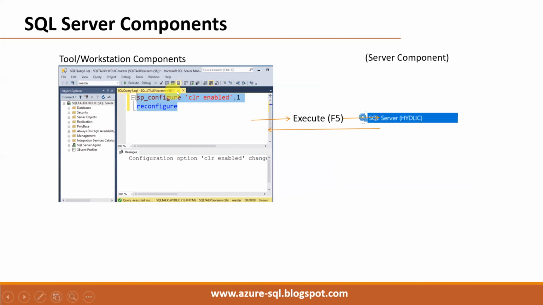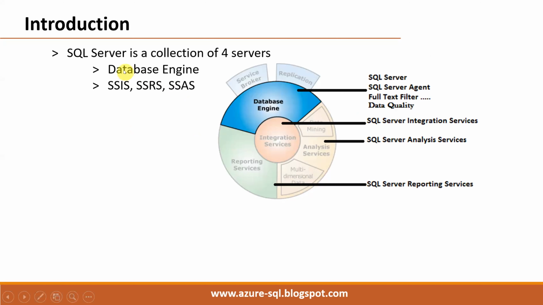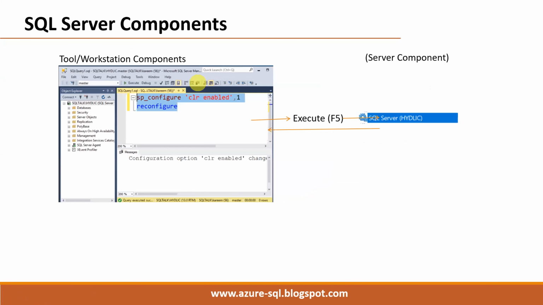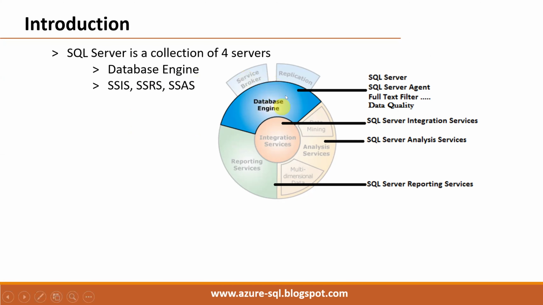Now, we have already seen previously that SQL Server is a collection of 4 servers: database engine, IS, RS, AS. These 4 servers are there. Here we are working with the database server or database engine.